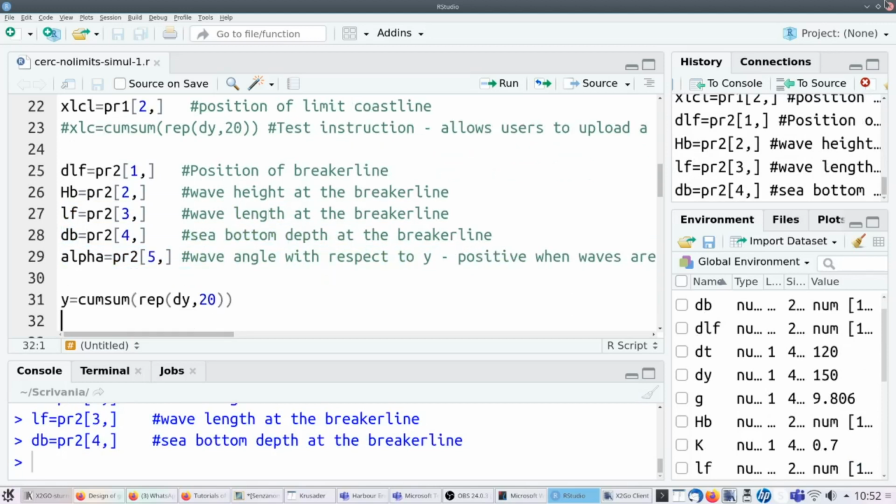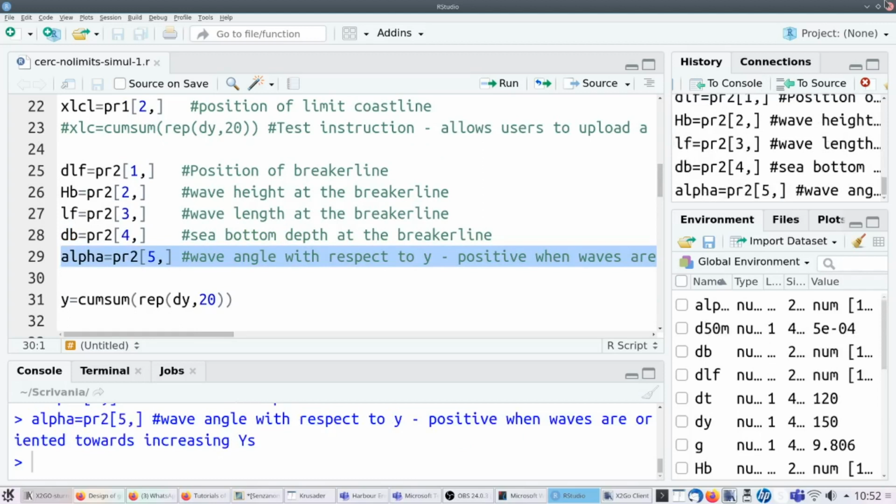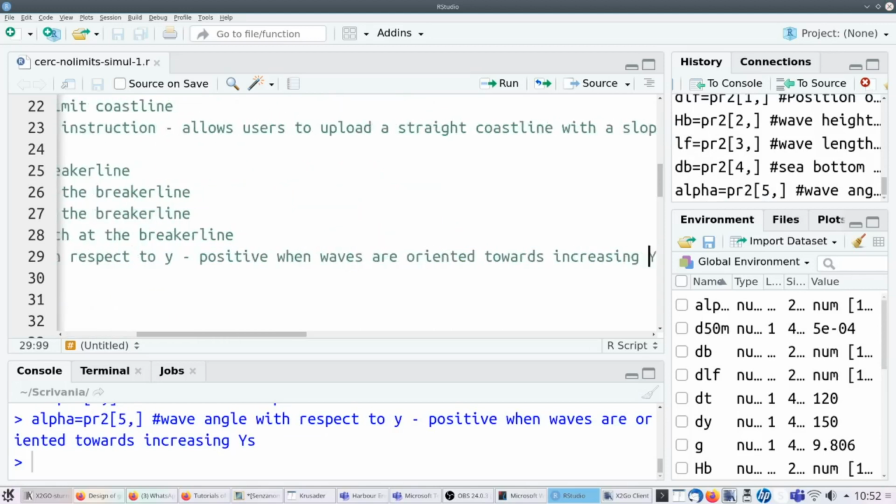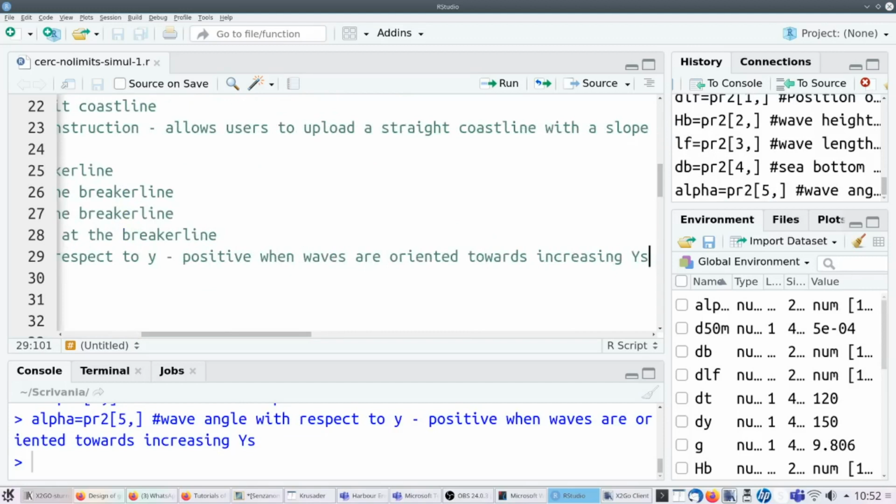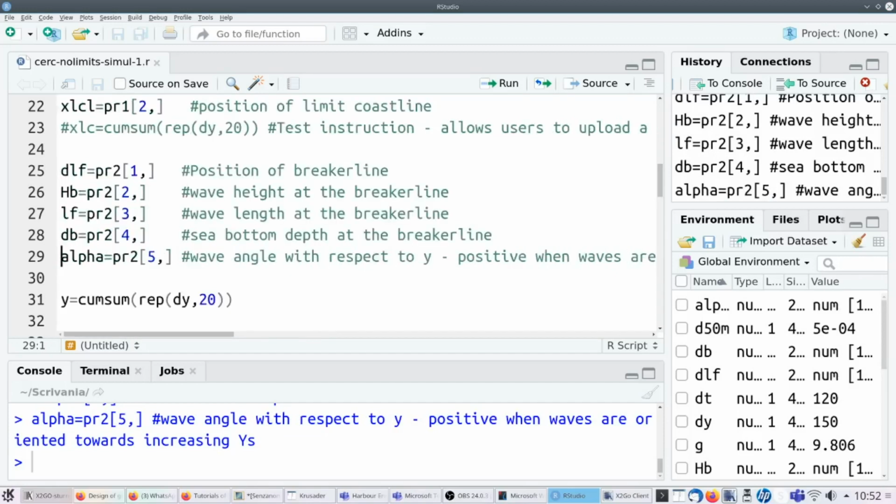And then we have alpha, which is wave angle with respect to upward y. And here you see a specification. Let's read it. Positive when waves are oriented towards increasing y, which means upward. Very good.